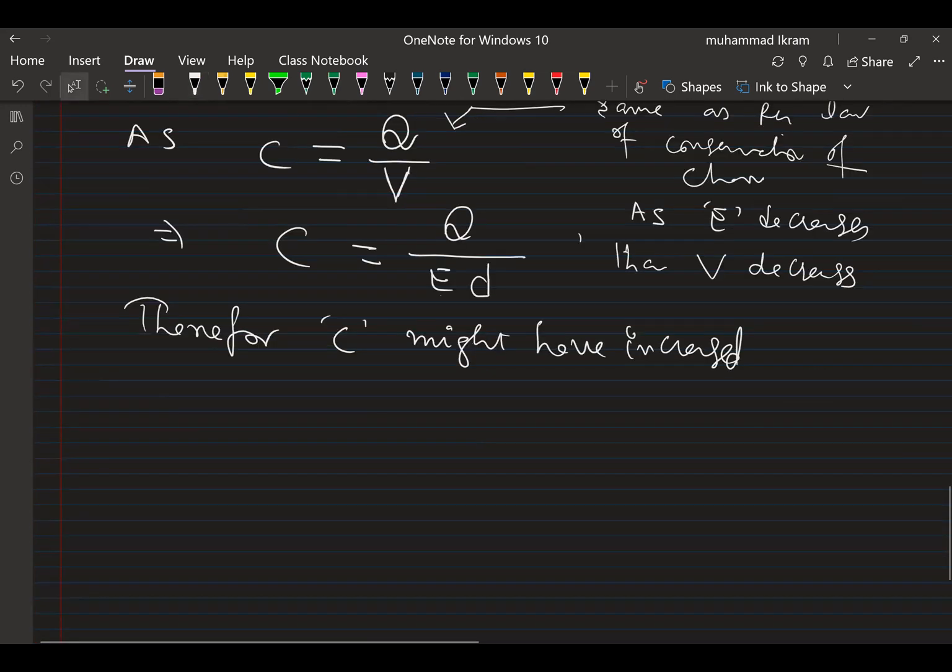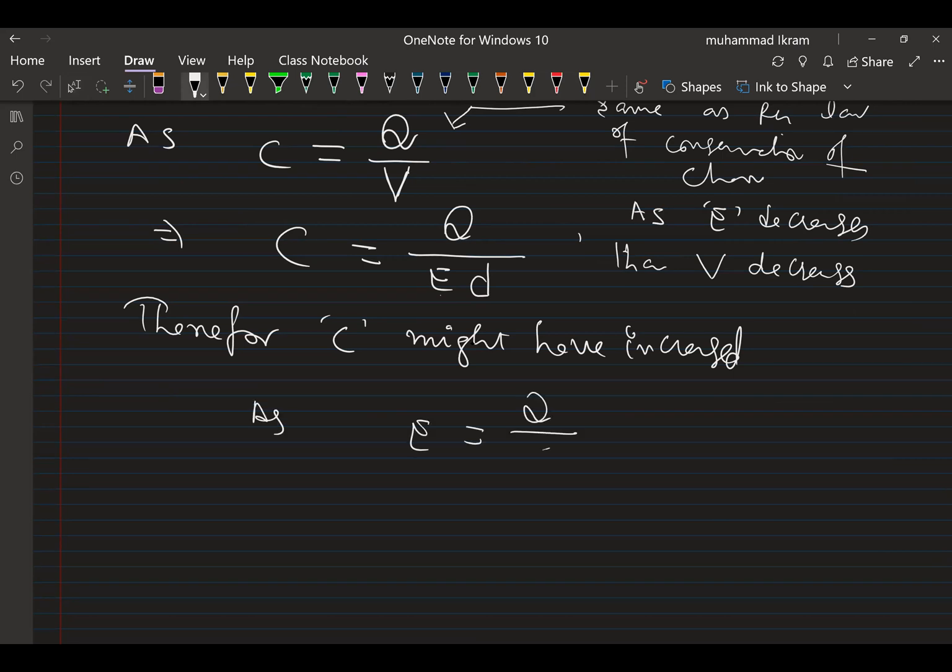Now why does E decrease? As we know, E is equal to sigma by epsilon naught, and it is the same for the medium. Sorry, this is sigma, the surface charge density.